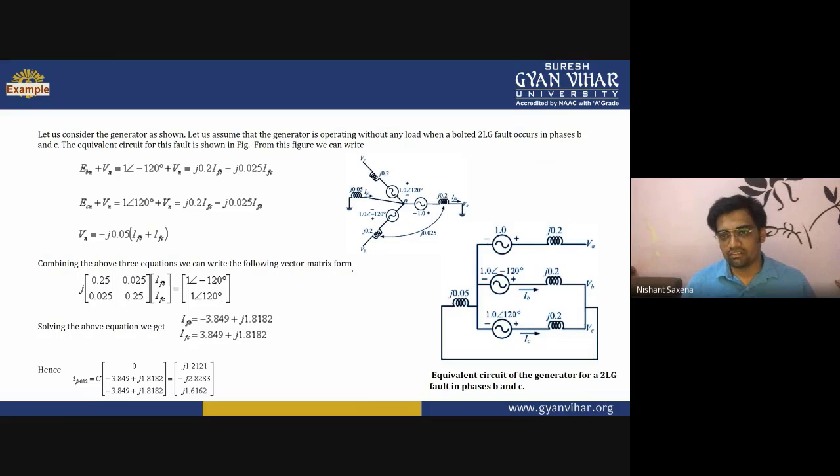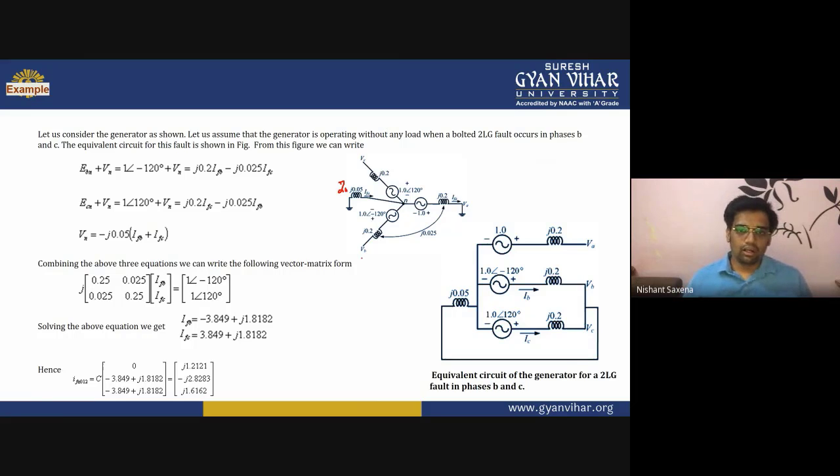From this we can write the equivalent circuit, which is also given to you. This is phase A, and phases B and C are short circuited and in series with the ground fault. This is your ground impedance, Zn.